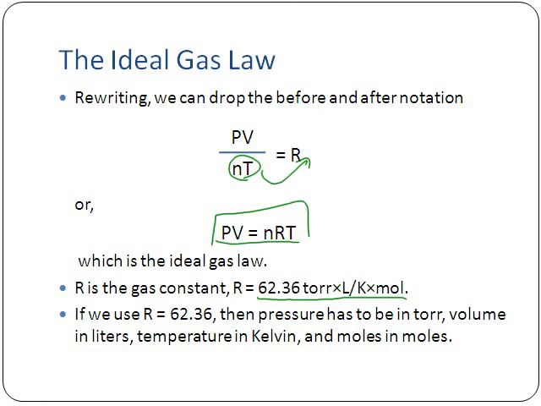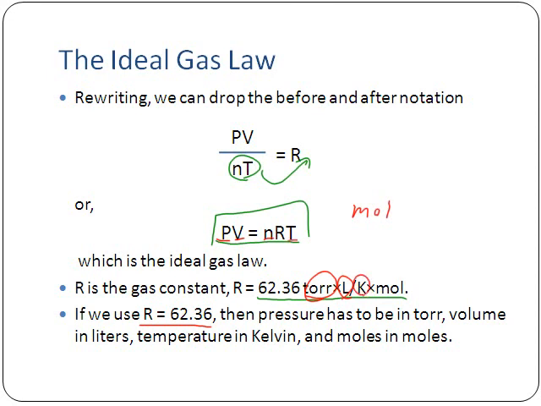Because we're using 62.36 for R, that means that in our ideal gas law, the pressure is going to have to be in torr. The volume is going to have to be in liters. The number of moles, obviously, is just in moles. The temperature, as before, has to be in Kelvin.